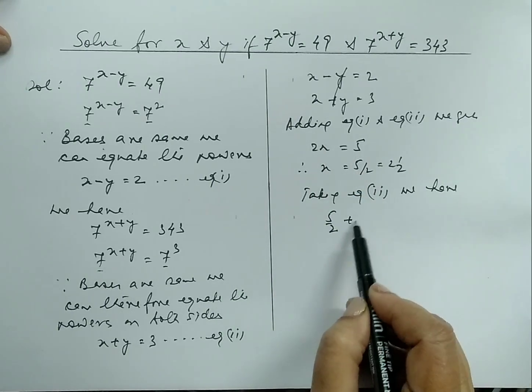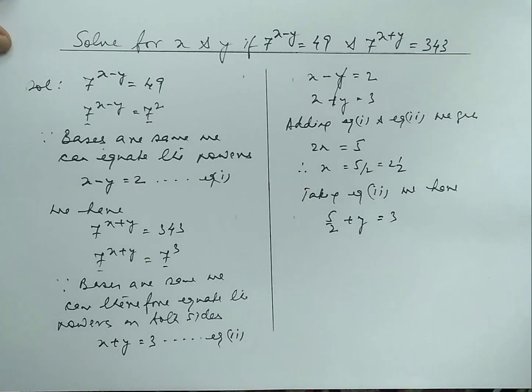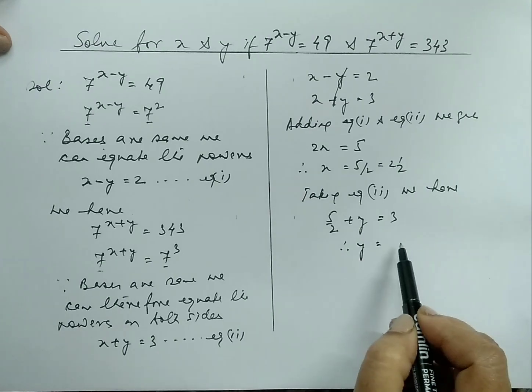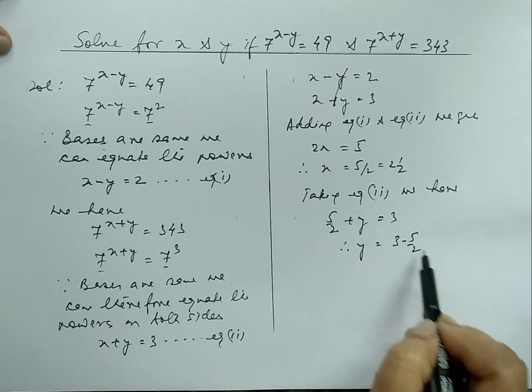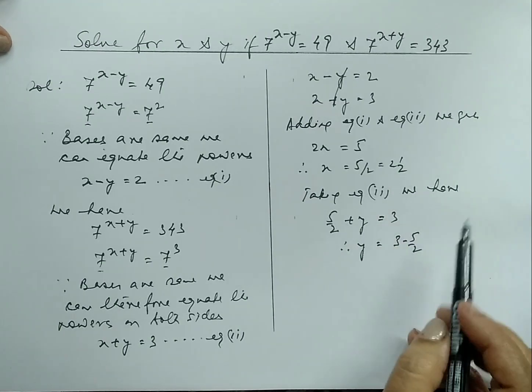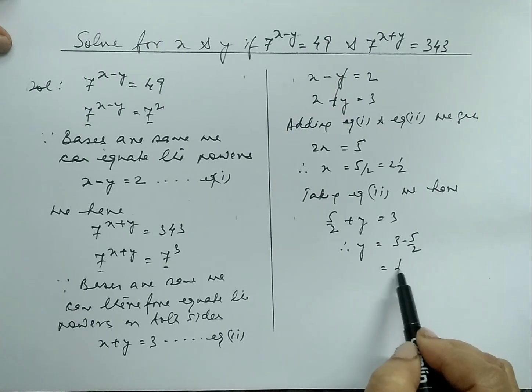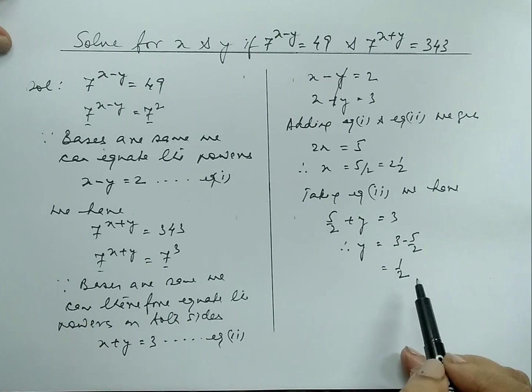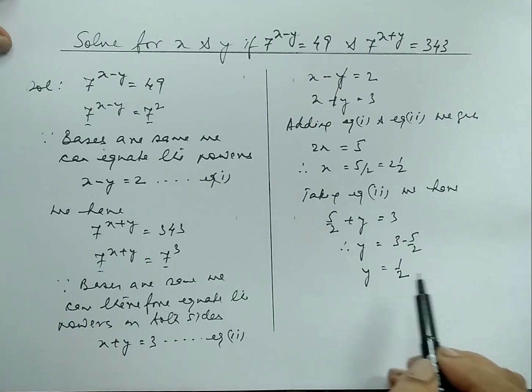And plus y equals 3. So therefore y is equal to 3 minus 5 by 2. We know it is 2.5, which means our answer should be half. 3 minus 2.5 is 1 by 2.